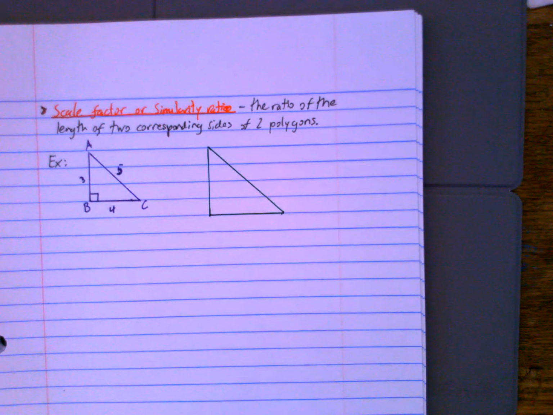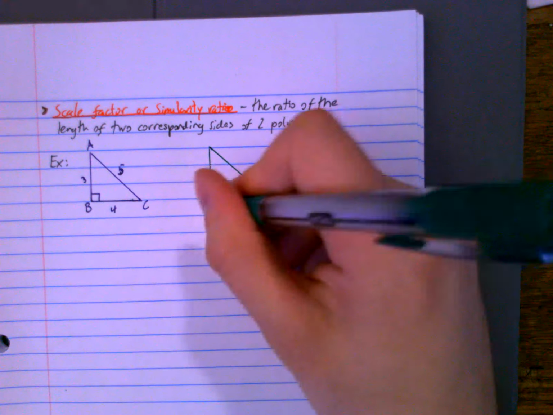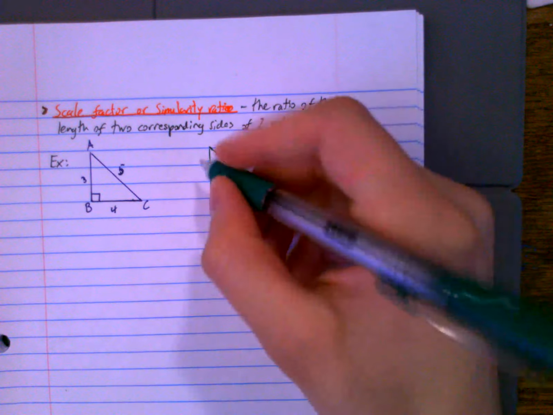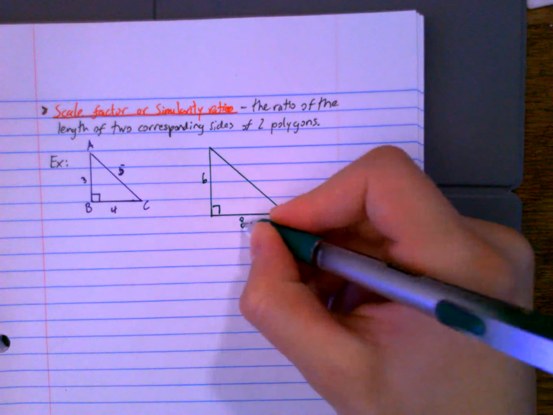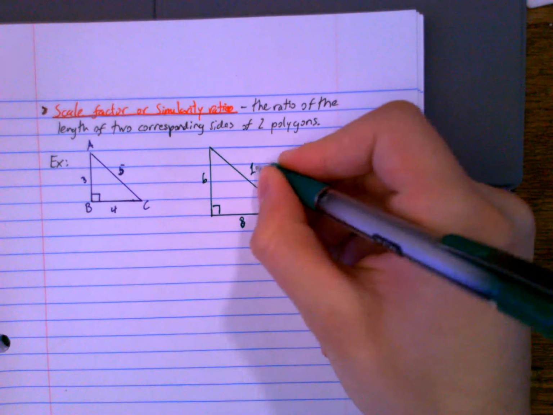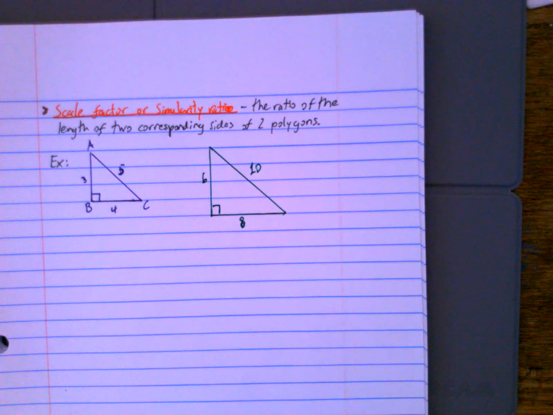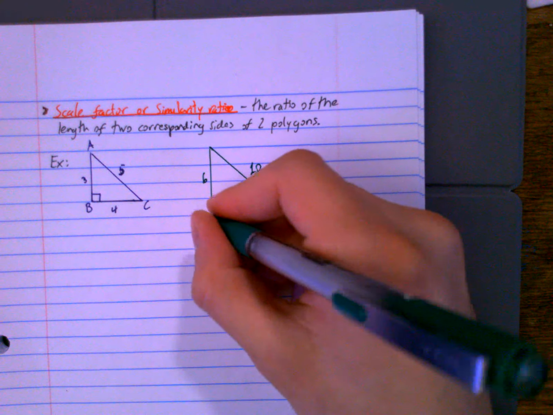Again, these are not to scale. I'm just displaying a similar image here, so you might want to make a note of that. It's got a right angle, and it has the sides 6, 8, and 10. My labels for the points on this one are going to be E, D, and F.